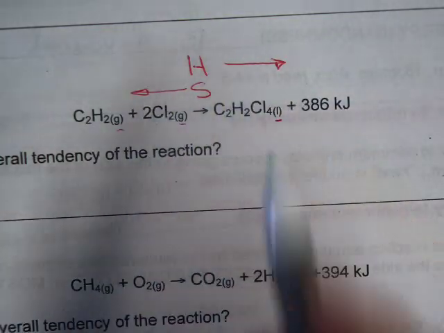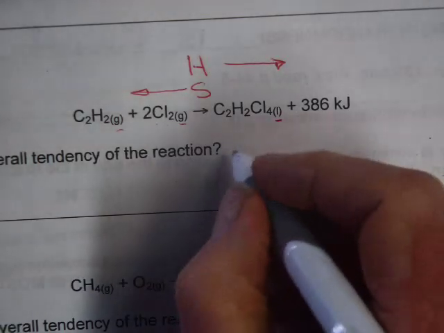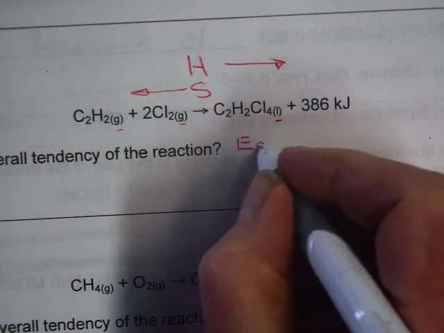So we've got basically a tug of war going on. This is going to be an equilibrium situation because entropy is going to drive it one way, enthalpy is going to drive it the other.